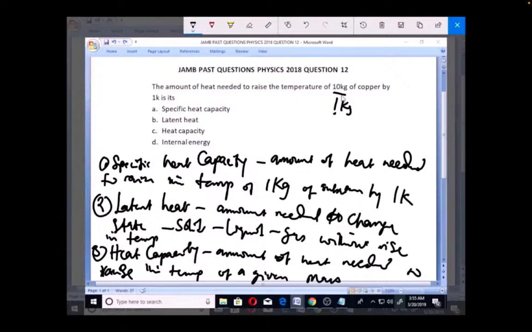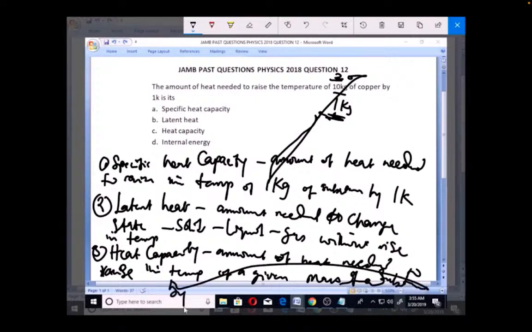So this is a given mass, 10 kg, it could be 20, it could be 30. So provided the mass is not 1 kg, then we'll call it a given mass of a substance, by 1 Kelvin. So that is what heat capacity is.